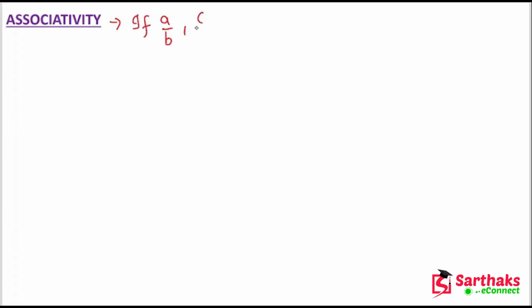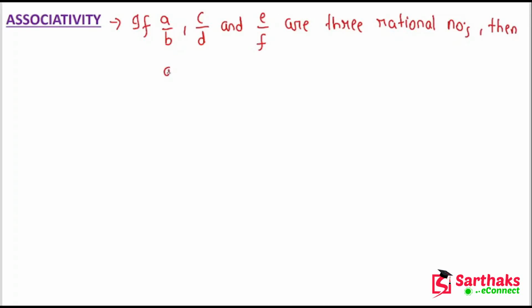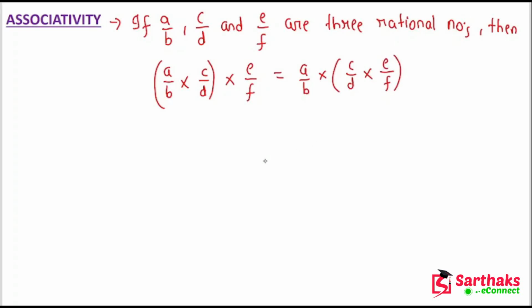If A upon B, C upon D, and E upon F are three rational numbers, then A upon B cross C upon D into E upon F is equal to A upon B into C upon D cross E upon F. This simply means that if you multiply A upon B and C upon D first and then multiply the result with E upon F, you will get an answer.